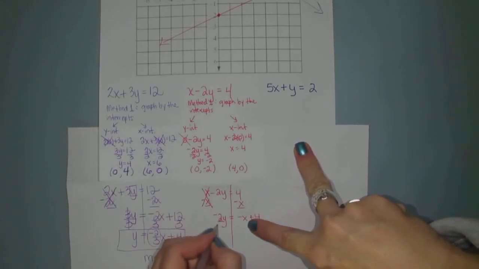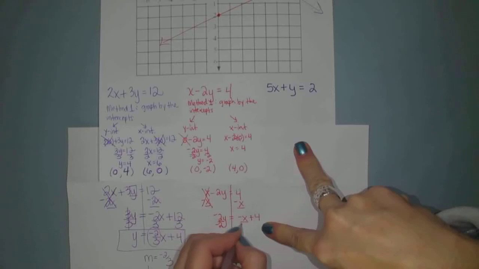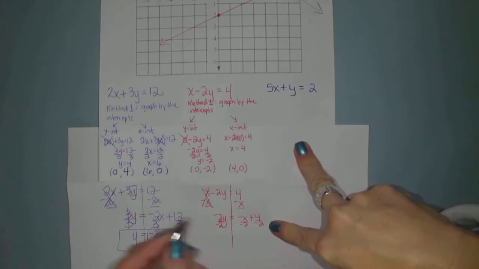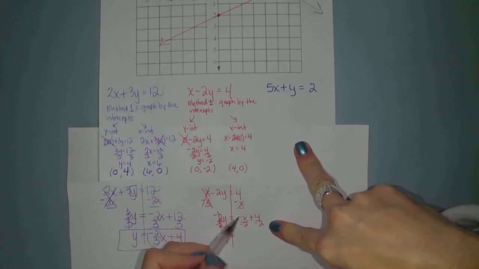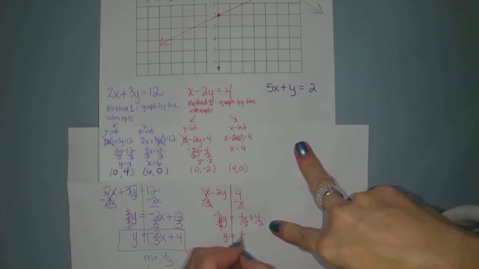Now, getting y by itself, divide everybody by negative 2. Cancel. y equals. Now, a negative divided by a negative is a positive. And this x just has a little 1 in front of it. So we're going to call this positive 1/2 x. 4 divided by negative 2 is negative 2.